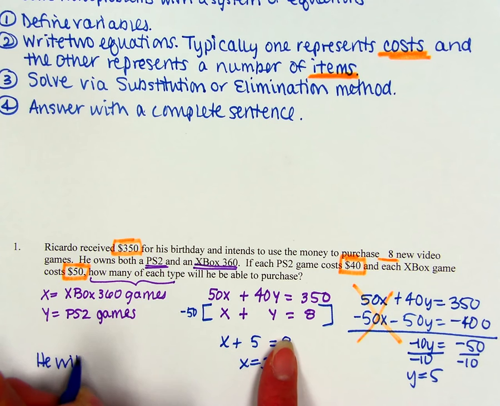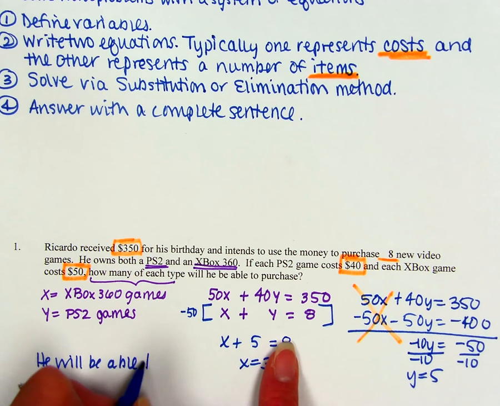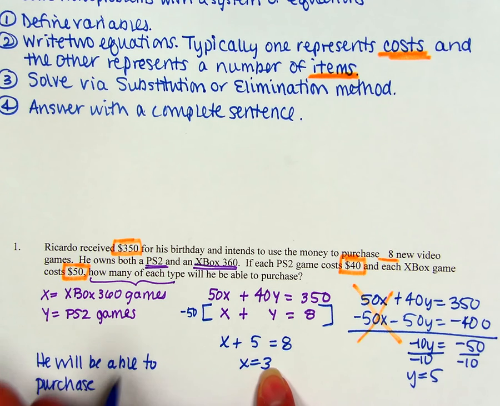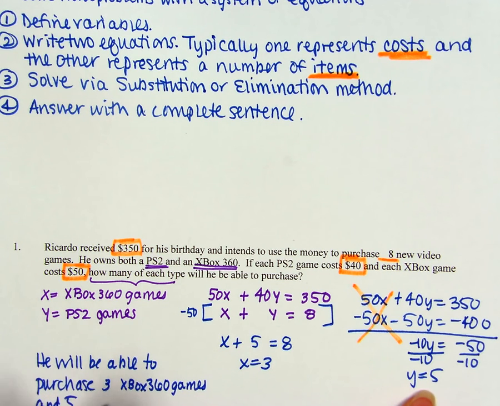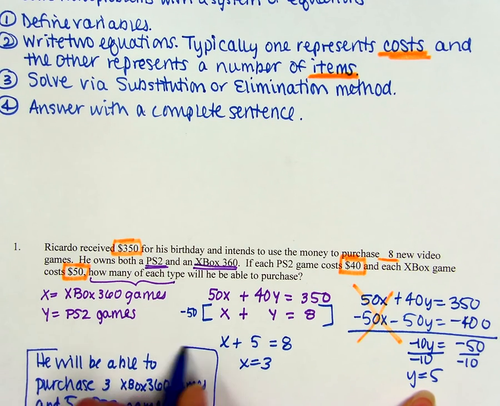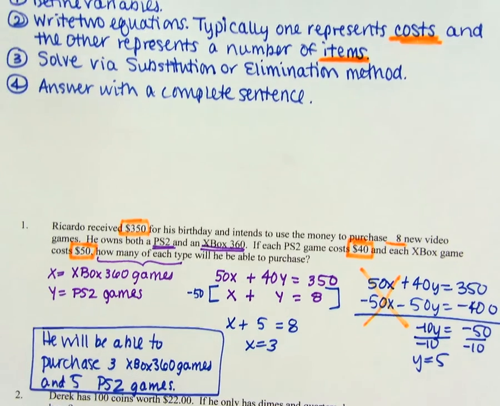He will be able to purchase 3 Xbox 360 games and 5 PlayStation 2 games. And as long as you've answered the original question in the problem, then you are all done.